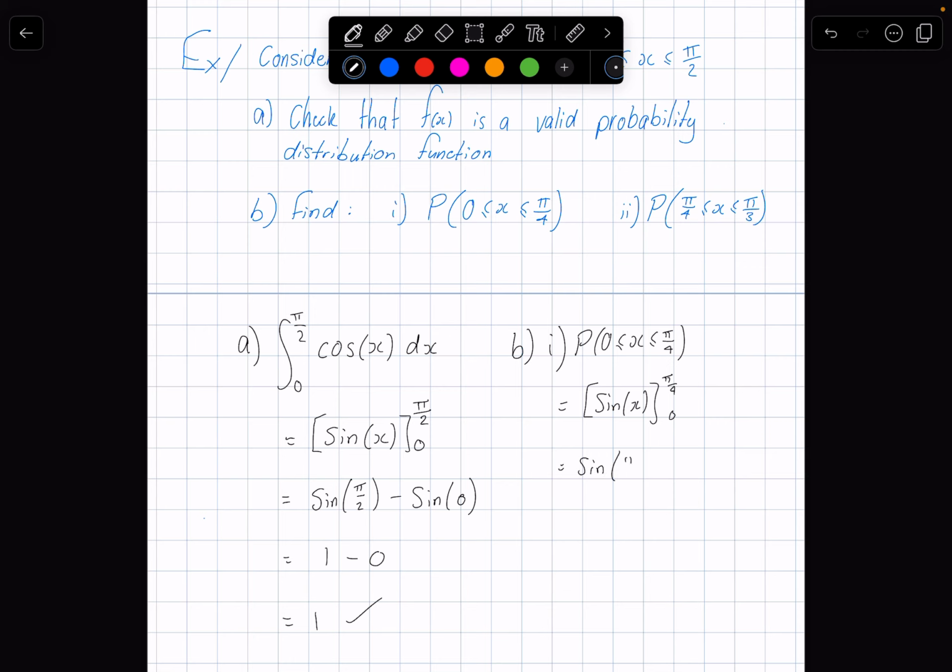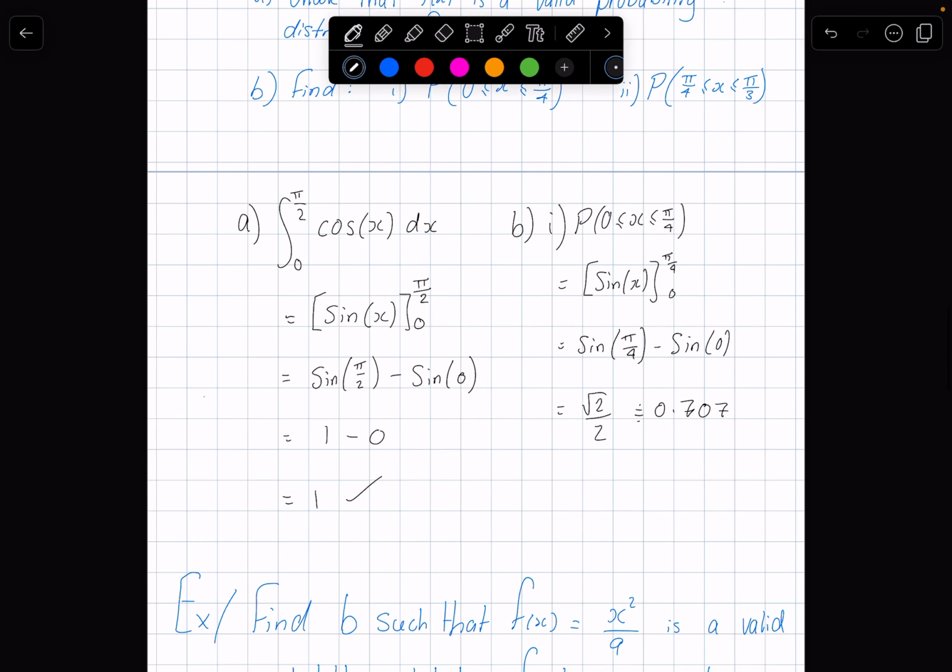So sine of pi on 4 minus sine of 0. Now sine of pi on 4 is root 2 on 2, and we know sine of 0 is 0 as before. So the probability is root 2 on 2, or if you do it on your calculator, as a decimal, 0.707 approximately. Okay, so that's the probability it lies in that domain.